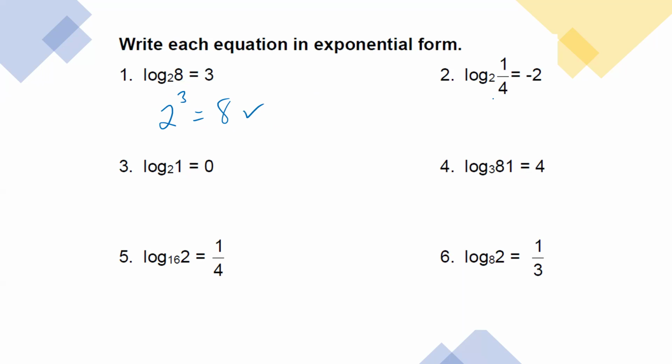Okay, let's do number 2. What's my base? What's my power? Negative 2, and it equals 1/4. That's 2 to the negative 2 equals 1/4. All right, you're going to have about 60 seconds to do 3 through 6. Ready? Go.